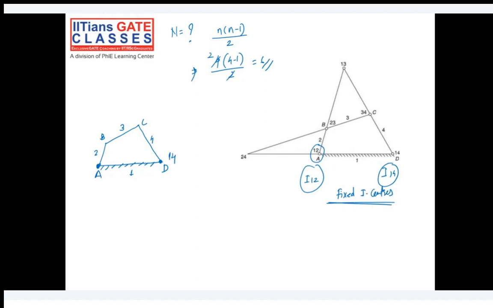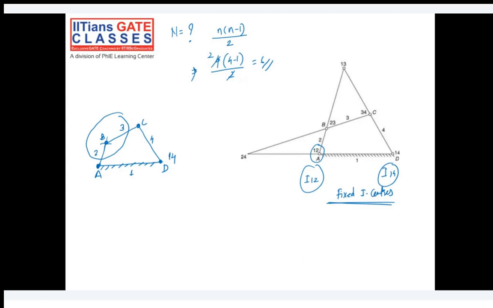We have links 2 and 3 connecting here, and we have links 3 and 4 connecting here. So at this particular instant, link 2 is rotating with respect to link 3 about this point. Okay, so that point B is basically the instantaneous center of rotation of link 3 with respect to 2.